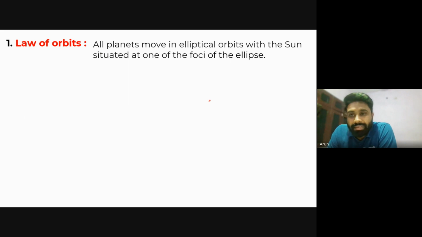Johannes Kepler said that each and every planet is revolving around the sun in an elliptical orbit. Okay, elliptical orbit. I must tell you that a circular orbit is a subset of the ellipse or elliptical orbit. Okay.